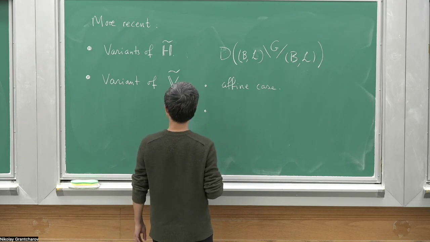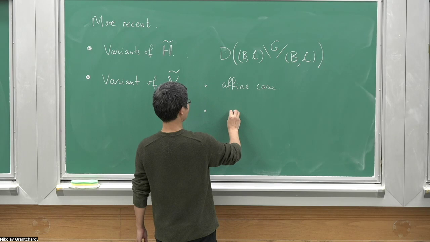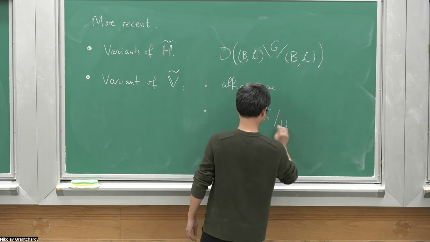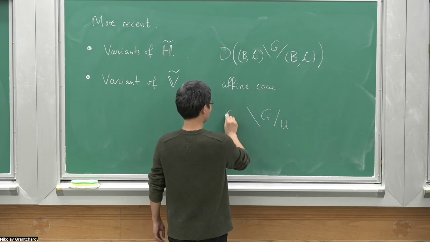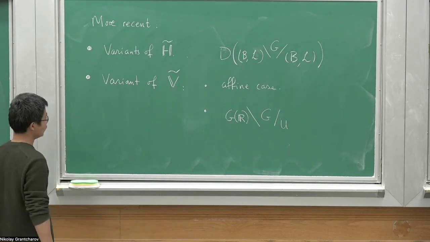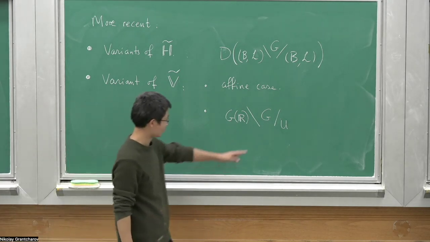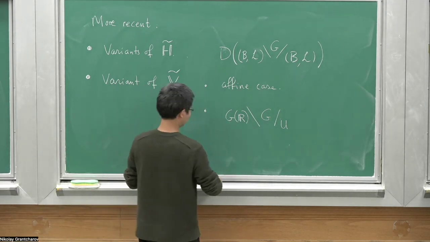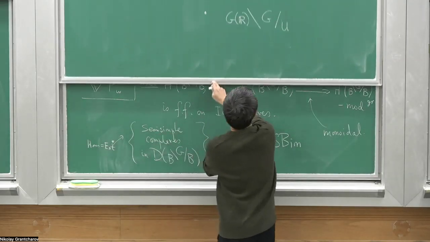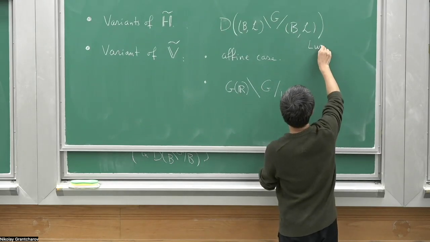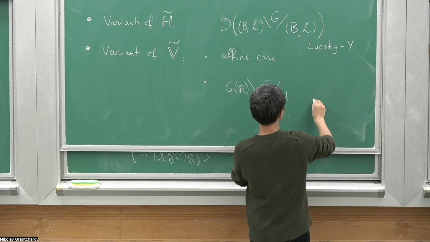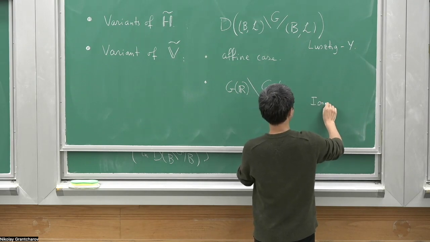And another interesting variant is the situation where we look at the real points of a real reductive group acting on the flag manifold or G mod U. With Lusztig, this is Ionov.